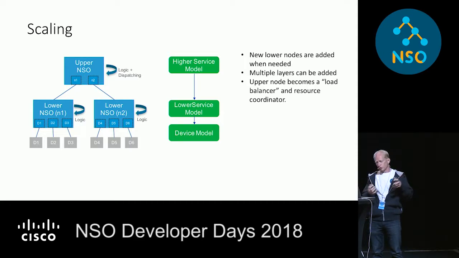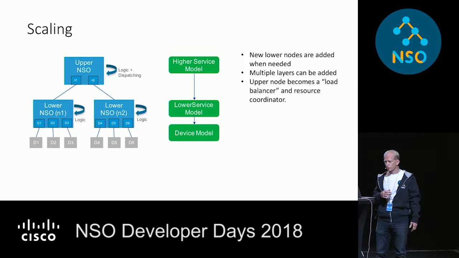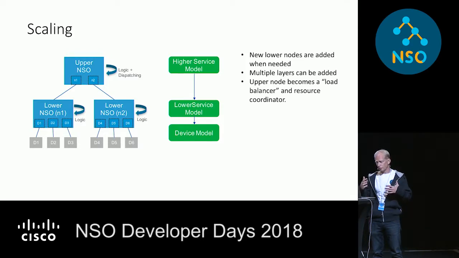Then you would add a new lower NSO node to your network, and you add new devices there. Or you can make it into a 3 or 4 layer network if you want. There's nothing particular about having just 2 layers, even if that in most cases is enough. But you can, in theory, have multiple layers. And there are cases where that makes sense for architectural reasons.